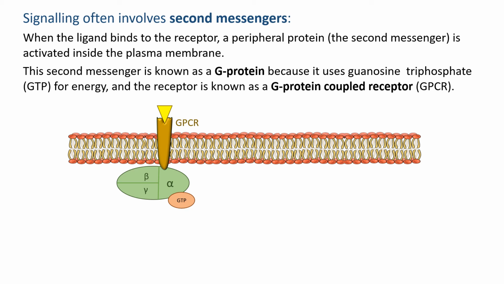It's like it's swapped an empty purse for a full purse. It's not going to use it yet though. It's just hanging on to that little full purse. It's its bus fare home, if you like. So we've switched GDP for GTP. Next thing, the whole G protein moves away from the receptor.